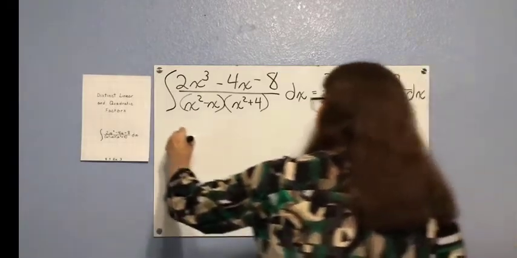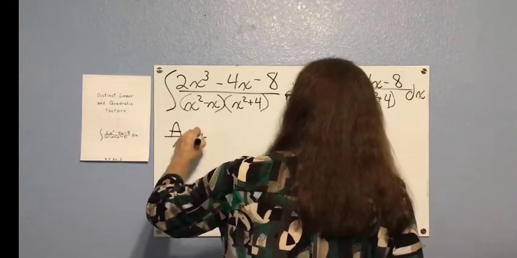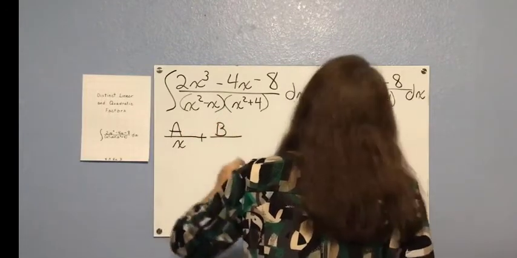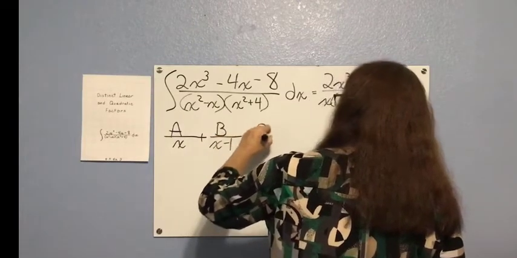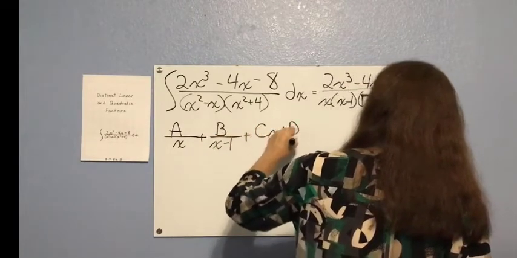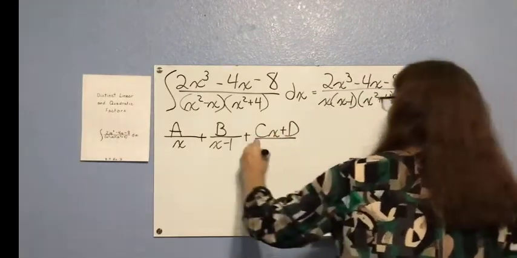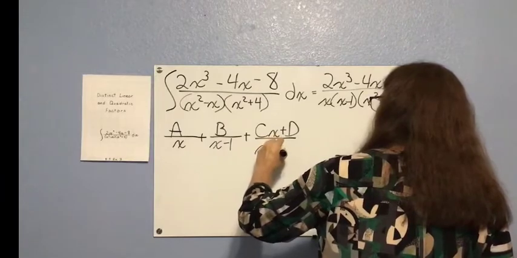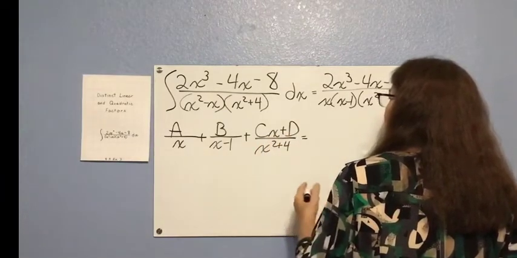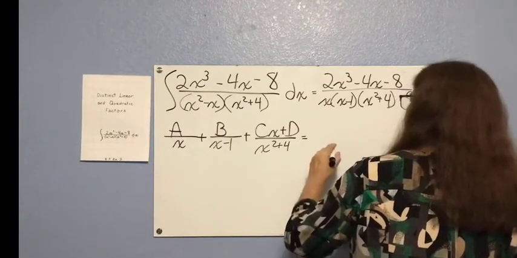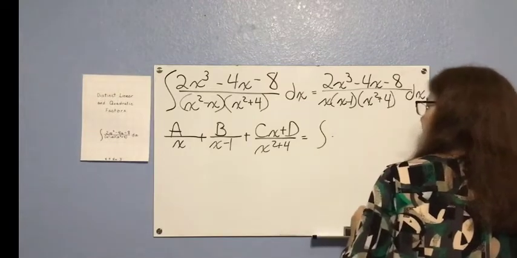Now I'm going to write my partial fractions. Notice I've got to have cx plus d because this is a quadratic factor. And that's equal to my original integral. And I'm not going to write that out again.